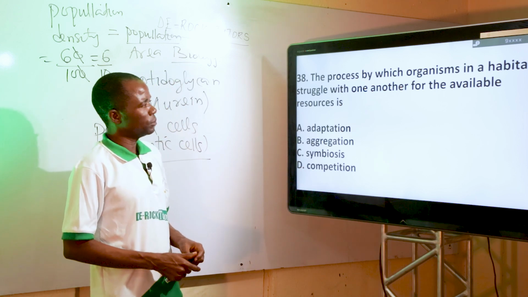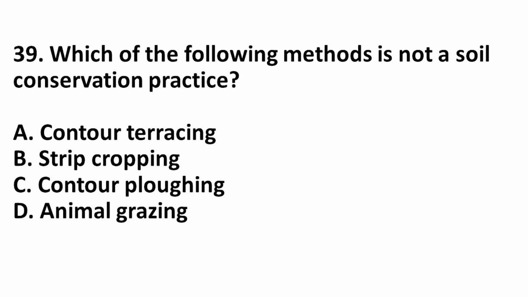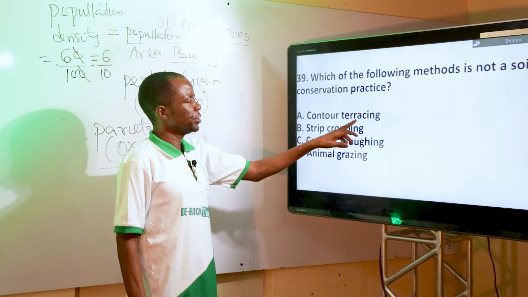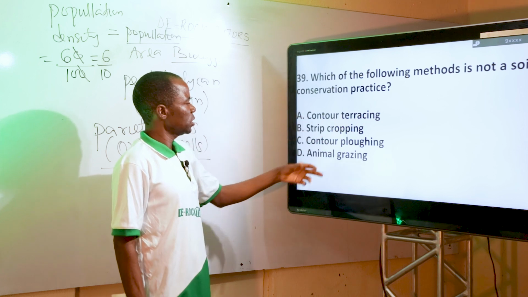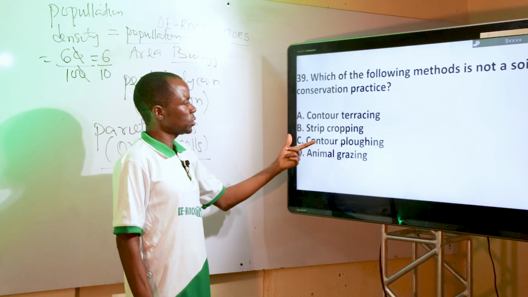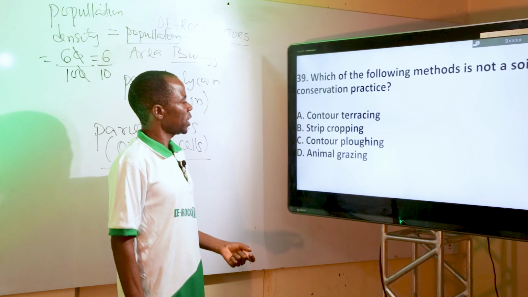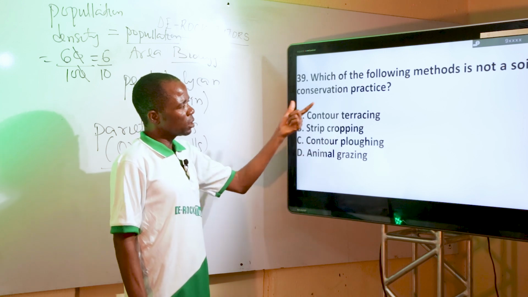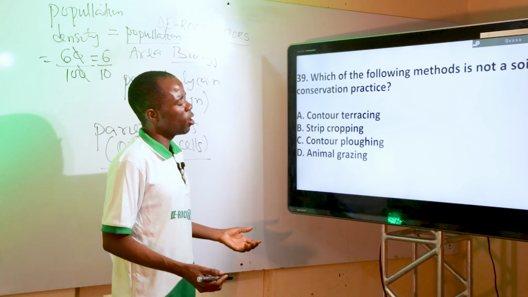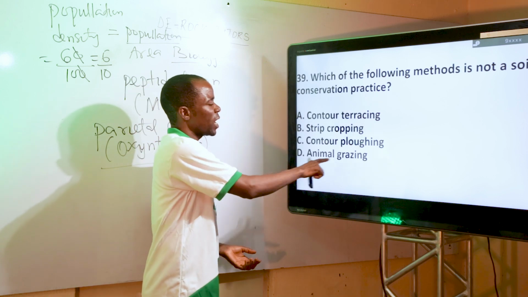Let's go to number 39. Which of the following methods is not a soil conservation practice? Contour terracing is definitely a conservation practice. Strip cropping is also a conservation practice. Contour plowing is also a conservation practice. So obviously the correct answer is animal grazing.